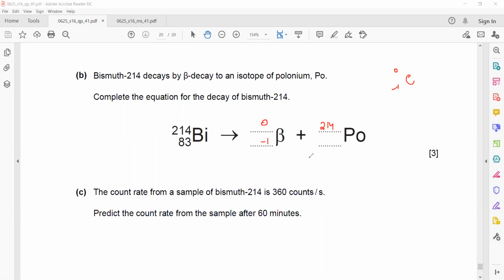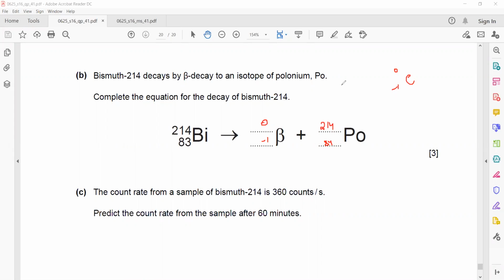If I write 83, then it will be wrong. Why? Because 83 minus 1 makes 82, but we need 83 here. So this should be 84. So when there is a beta decay, atomic mass does not change and atomic number increases by 1.